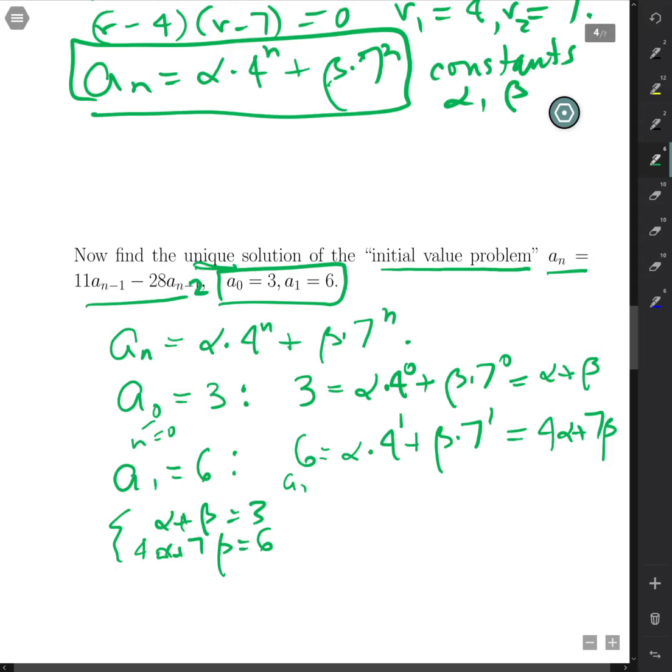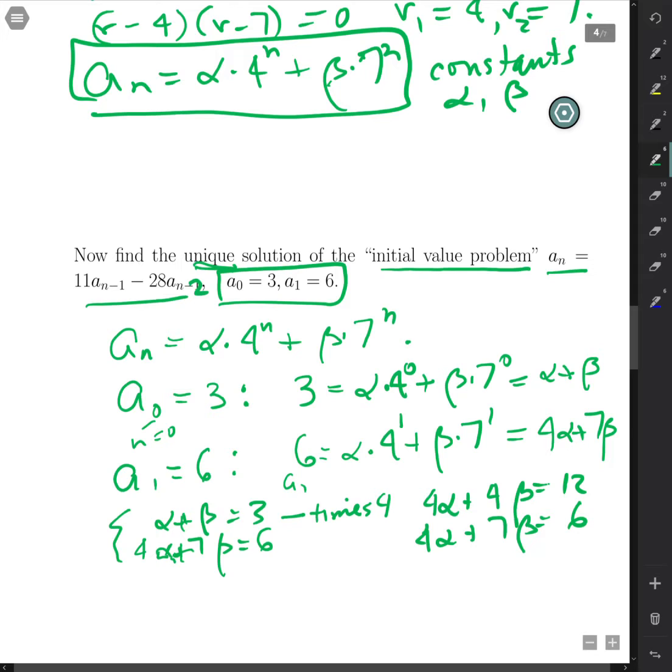That's an easy enough thing to solve. You've solved this kind of system of equations before, I'm sure. In this case, I would do elimination, but you can do substitution. I think I'd multiply this by 4 and get 4 alpha plus 4 beta is equal to 12, and subtract that from 4 alpha plus 7 beta is equal to 6.